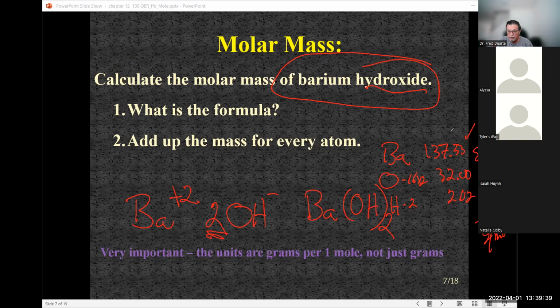Adding them up, we're looking at 171.35 grams per mole. That is the molar mass for the compound barium hydroxide.